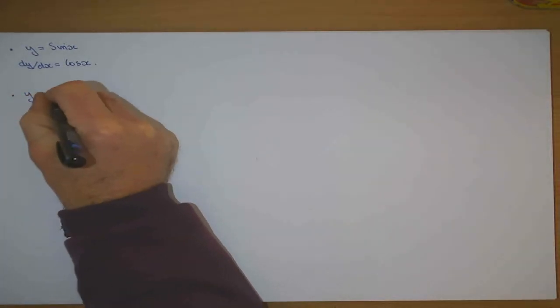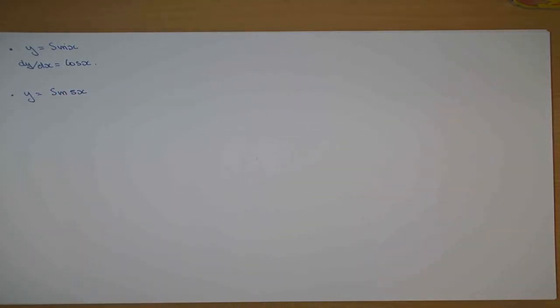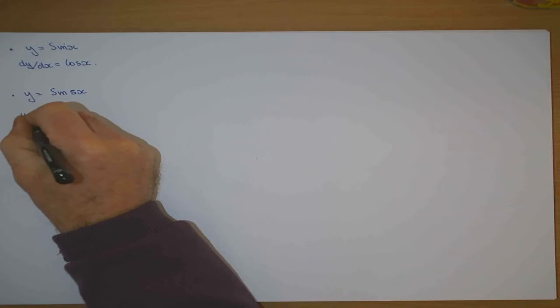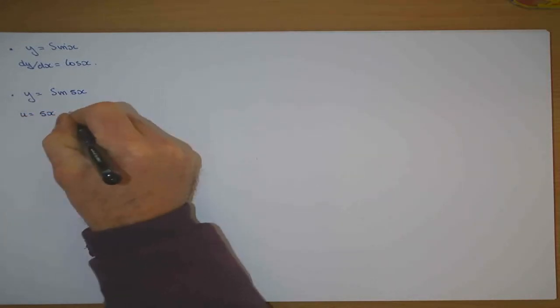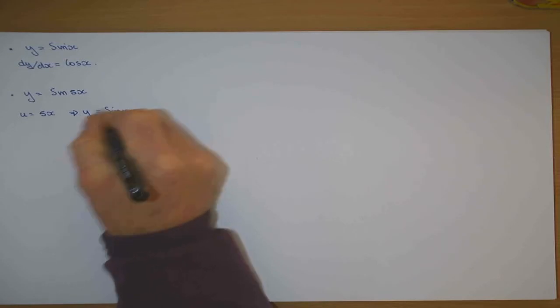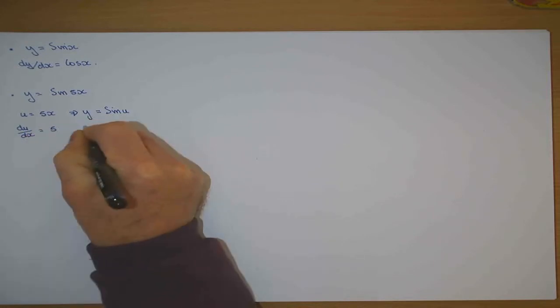If y was equal to sine 5x, what do I call that? A chain rule. Why a chain rule? It's a function of a function. You have 5x first, and then you have its sine. So to differentiate that, we would have said to you, u is 5x, and that means y is equal to the sine of u. du/dx is equal to differentiate 5x, 5.